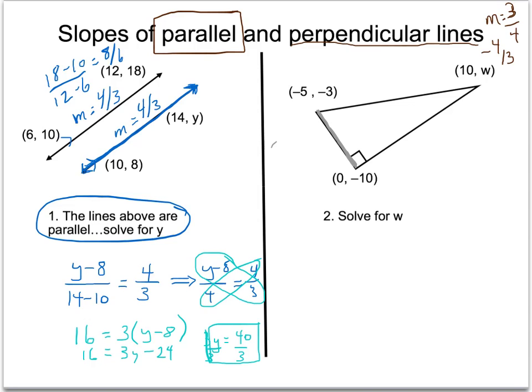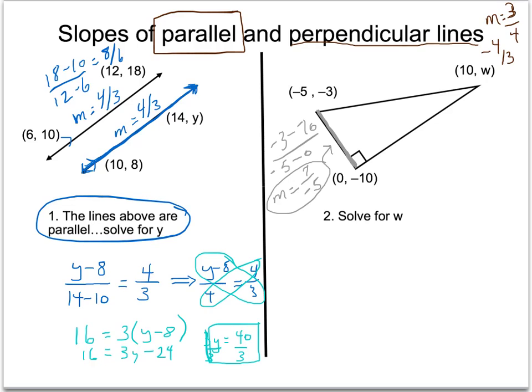I can take -3 minus a -10 and divide that by -5 minus 0, and my slope is going to be -3 minus a -10 is basically -3 plus 10, so that's going to be 7 over -5. That is the slope of my gray line.